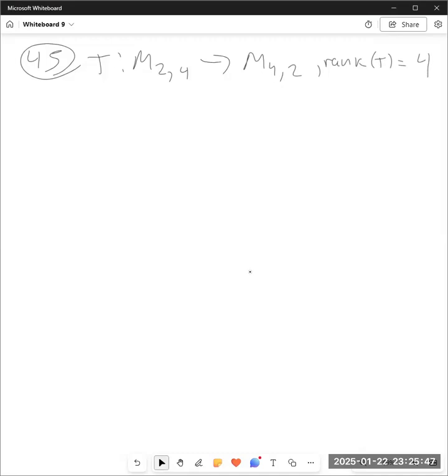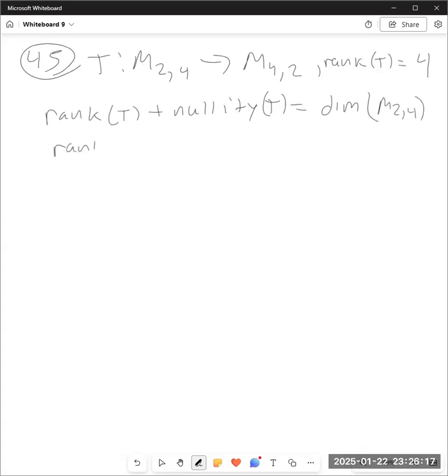So we want to find the nullity of T. So rank of T plus nullity of T needs to be equal to the total dimension of this space here, M(2,4).